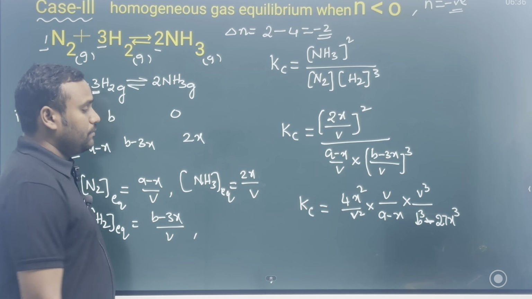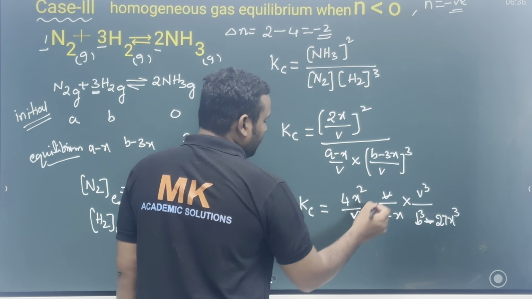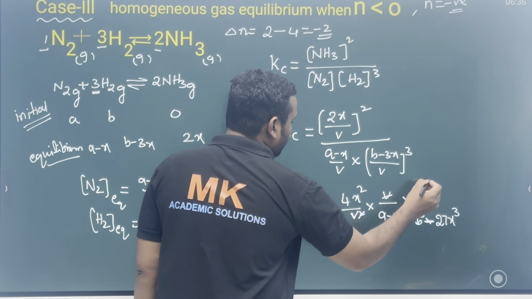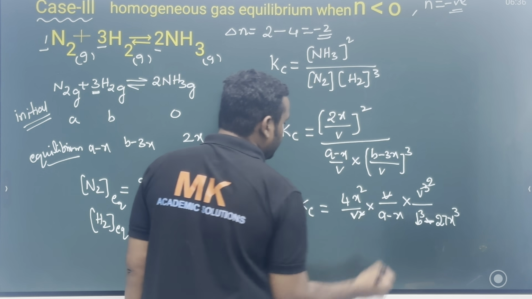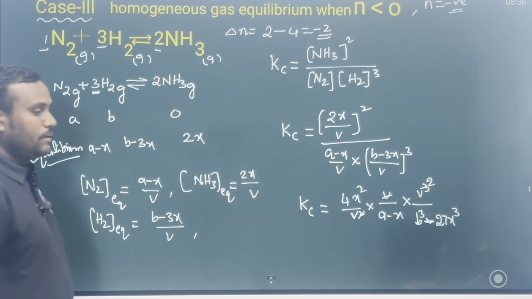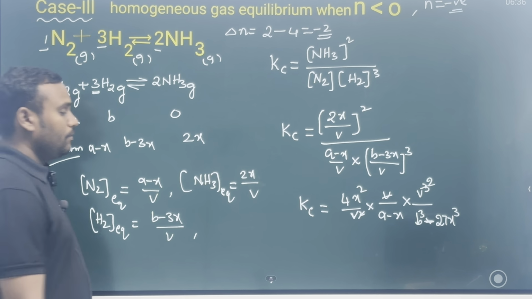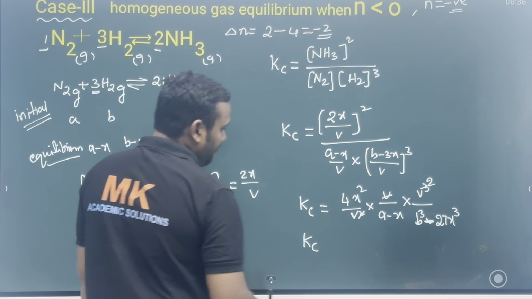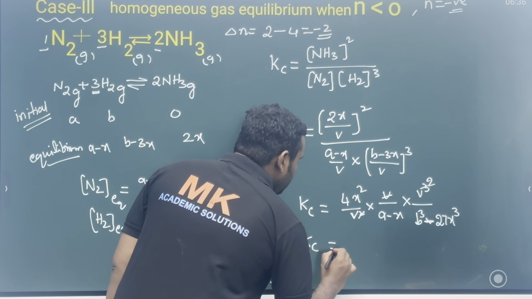Now here, V square and V cube, finally we will get V square in the numerator. So Kc is equal to, what will we get?